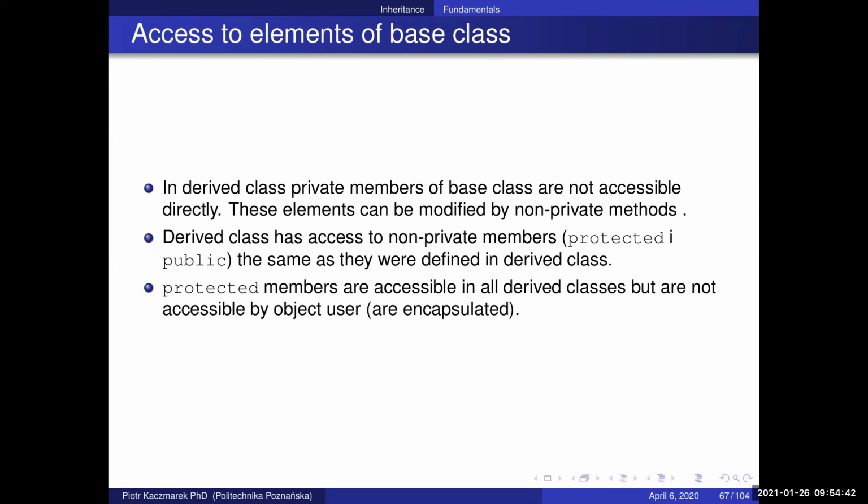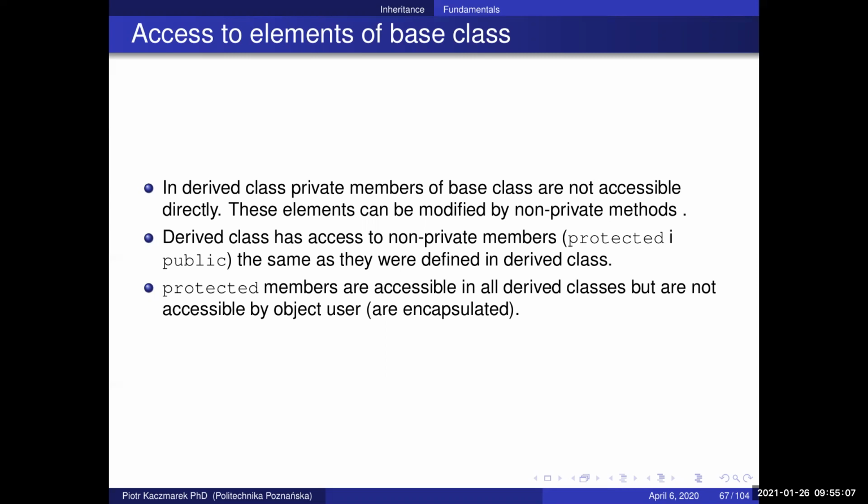The second piece of information about a derived class is that the private members of the base class cannot be directly accessible. They are encapsulated like for a standard object user.